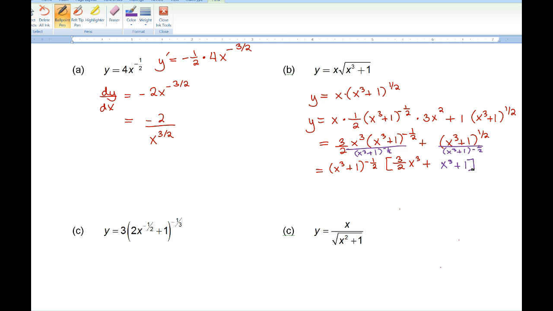And then when you combine these, 5 over 2. Yeah, 5 halves, x to the third plus 1 over x cubed plus 1 to the 1/2. This still is not simplified all the way.